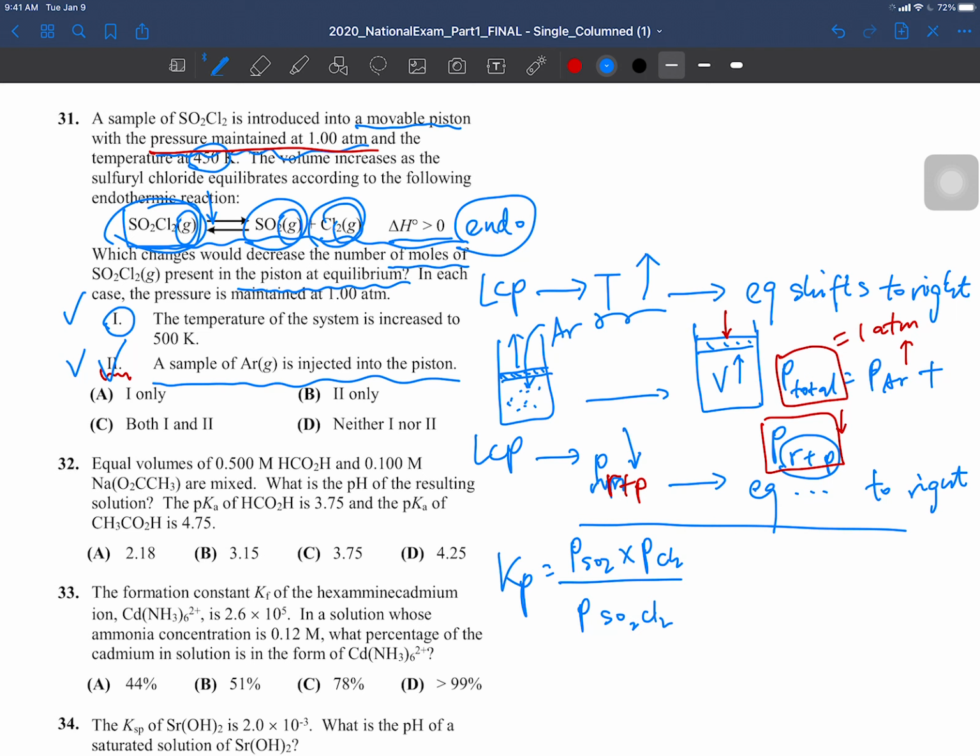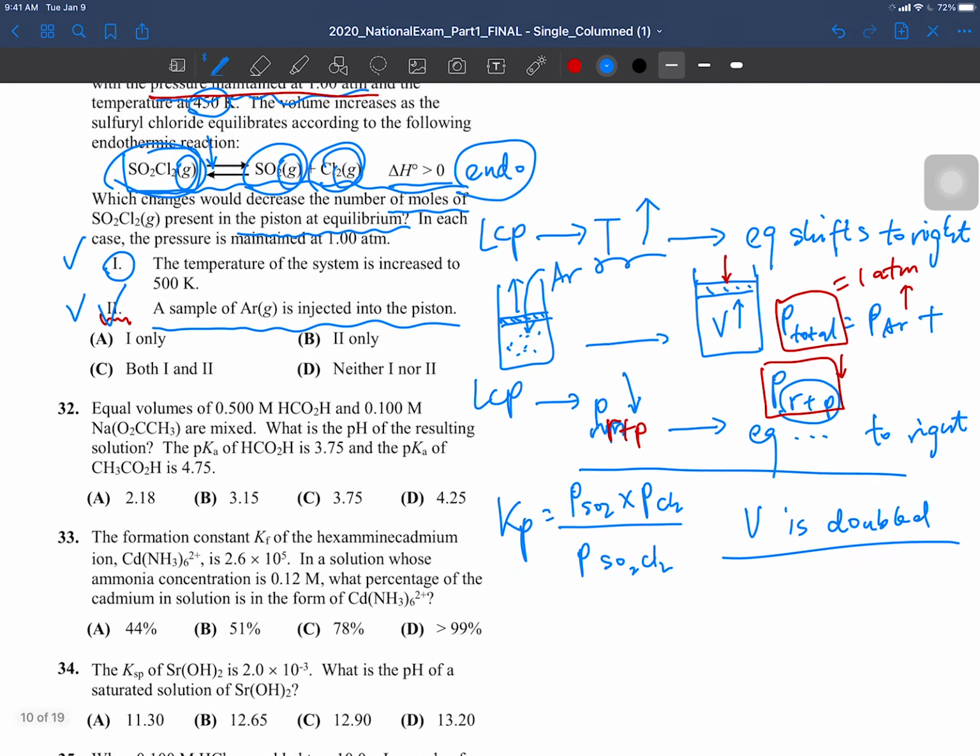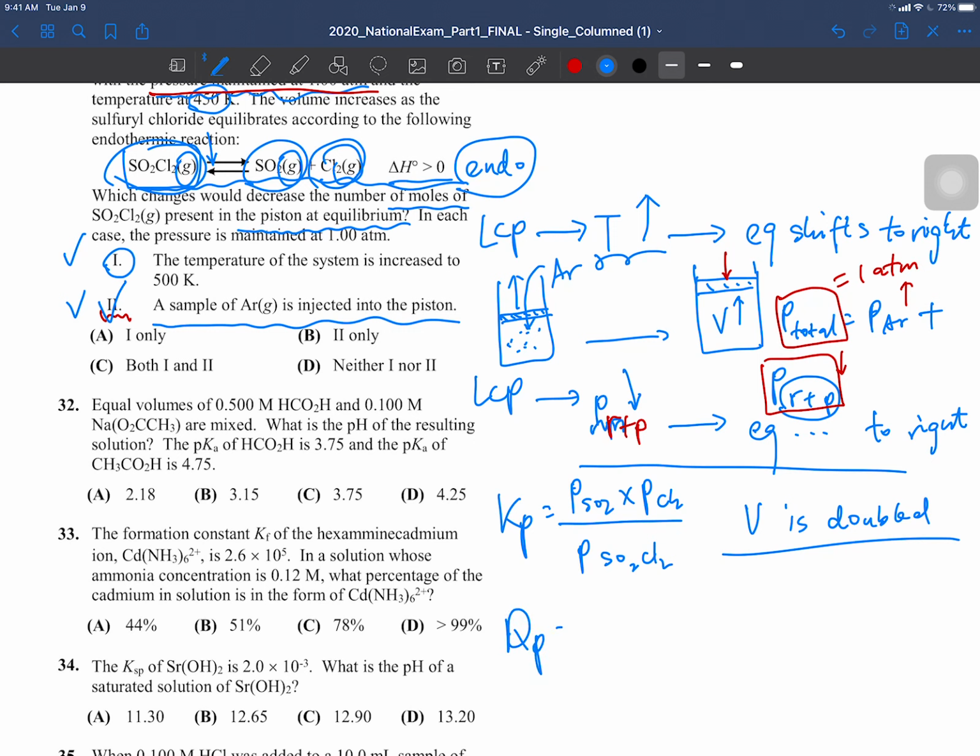If we suppose the volume is doubled, which means we input the same mole of argon as all of the previous gases, then the Qp, which is the reaction quotient, will equal the PSO2 divided by 2. Does this make sense to you?